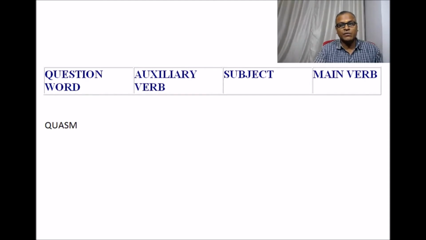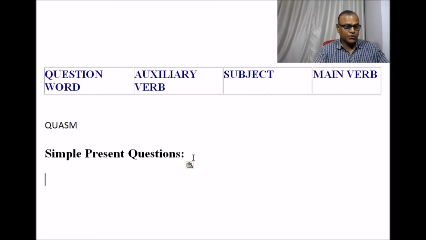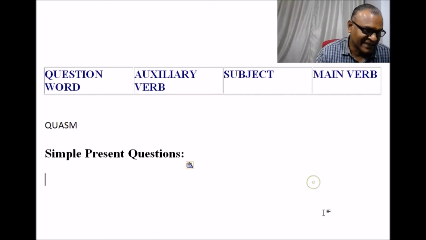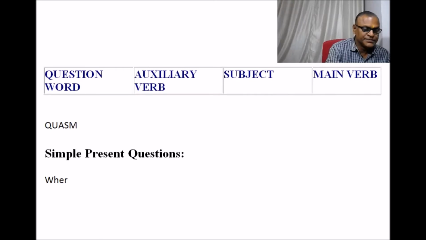First of all, we are talking about simple present questions. In a simple present question you must have an auxiliary and a question word like where. Now you know that in present indefinite or simple present tense you should have the auxiliary verb do, does with you.